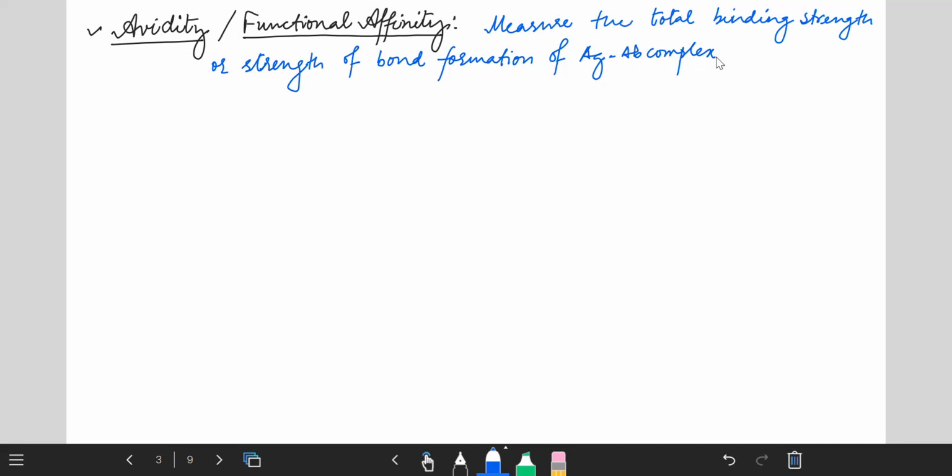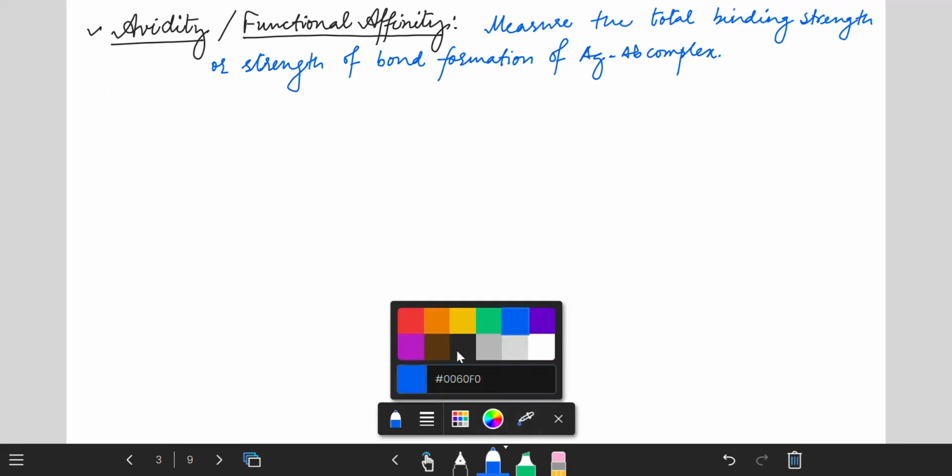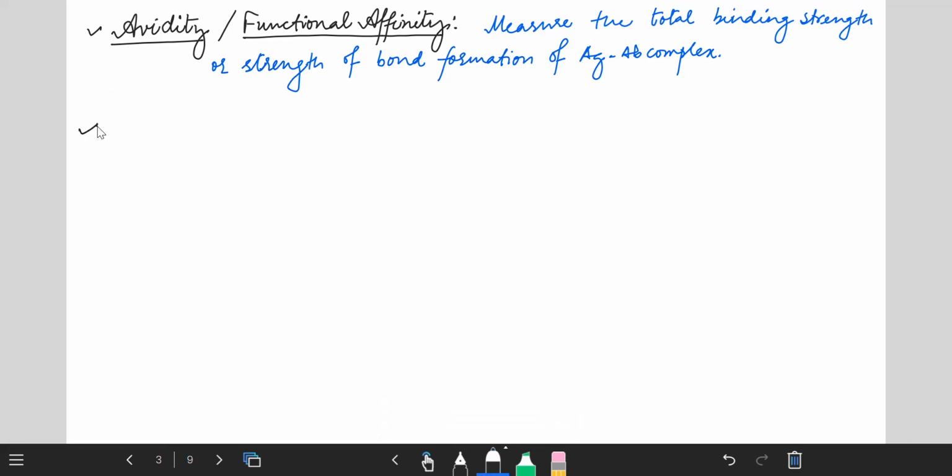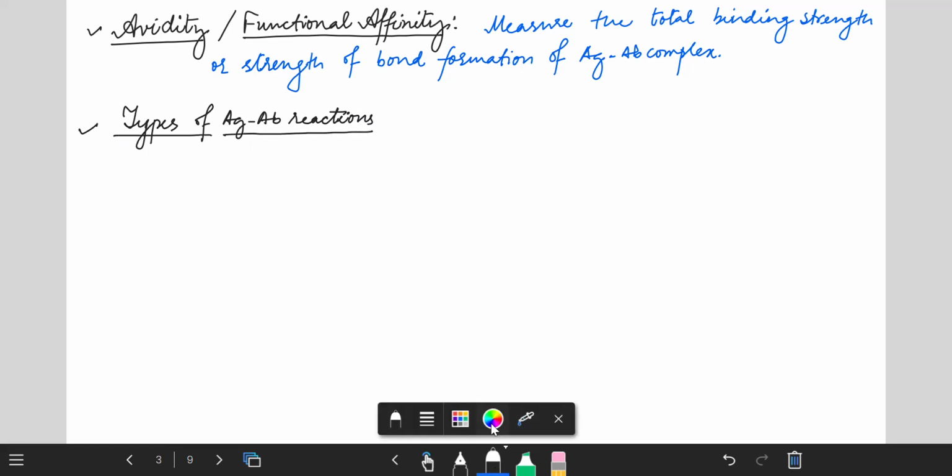Now, what are the types of antigen-antibody reactions? We will see. So, the first type is agglutination reaction.